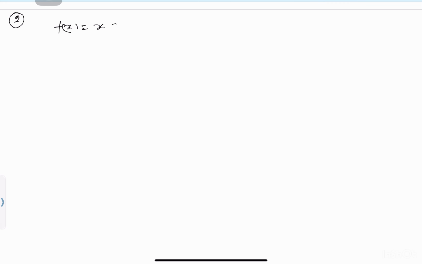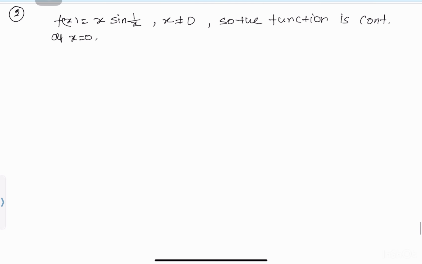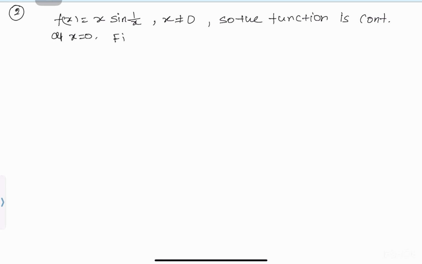Now second question. The function is f of x equal to x sine 1 by x, where x is not equal to 0. Then, so that the function is continuous at x equal to 0, you have to find the value of the function.